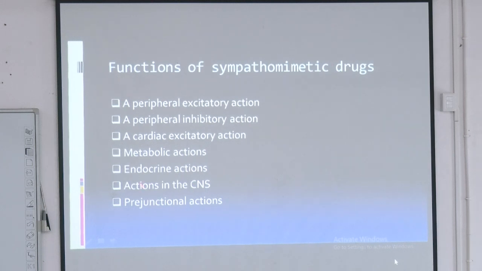Next are the metabolic actions; before that, most important is the pancreas, not only beta 2, alpha is also important. So metabolic action, pancreas and adipose tissue. Endocrine action in the adrenal medulla and also in the pancreas. CNS is least important here, and the pre-junctional actions of the adrenergic drugs, which I told earlier.